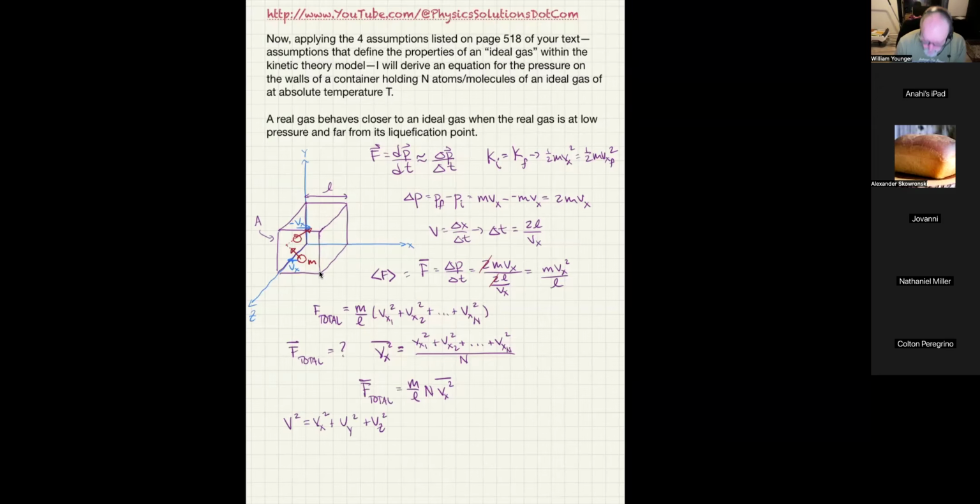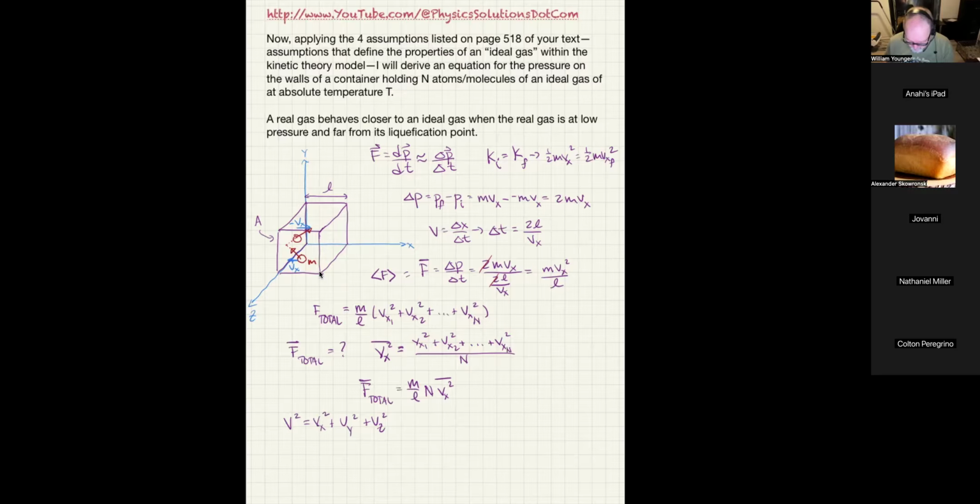Now, there's no reason to assume that the x direction is particularly important, nor the y direction, nor the z direction. So on a statistical basis, it seems unreasonable for Vx squared on average to be different from Vy squared on average, or from Vz squared on average.